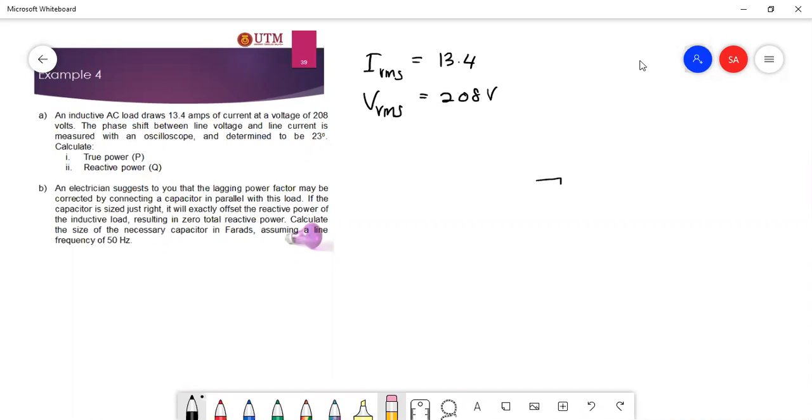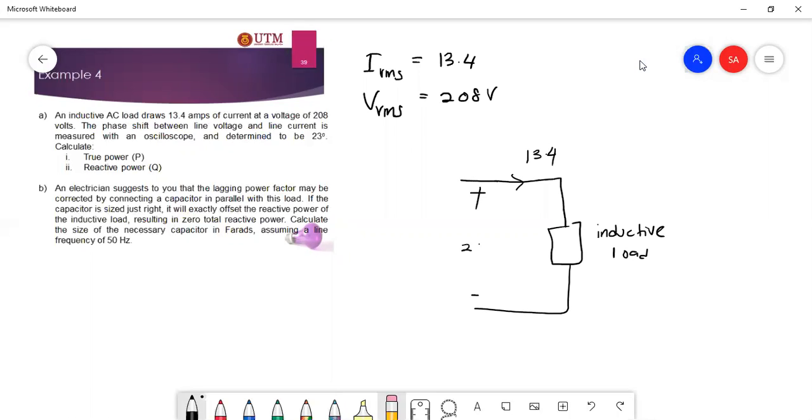We need to assume that this is the load, which is an inductive load, and the current flowing is 13.4, and the voltage across the load is 208 volt, and the phase difference between voltage and current is 23 degrees. So the angle right now is 23 degrees, but is it positive or negative?